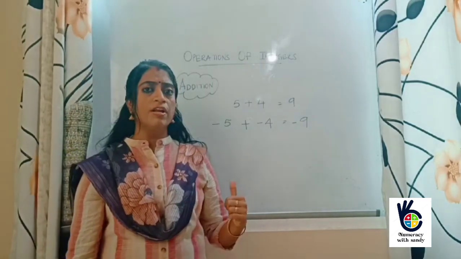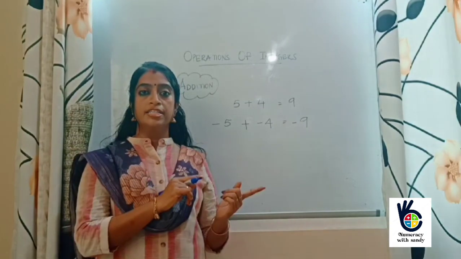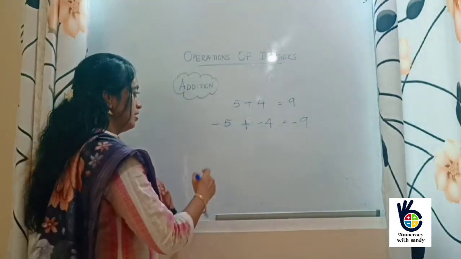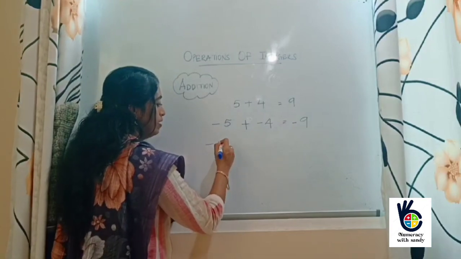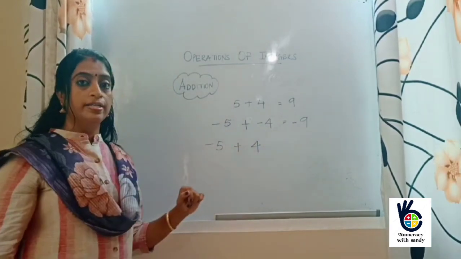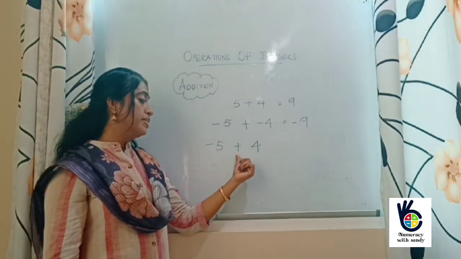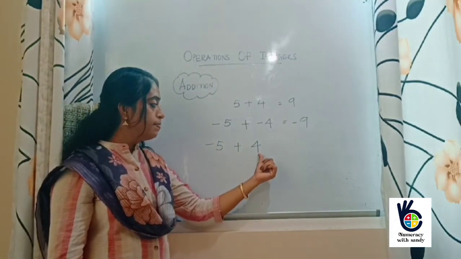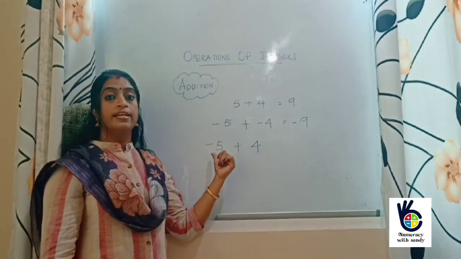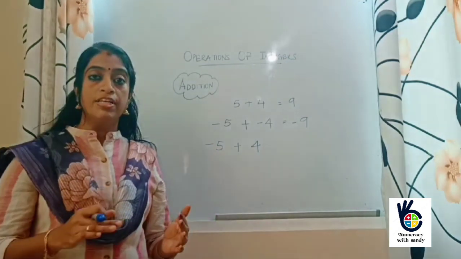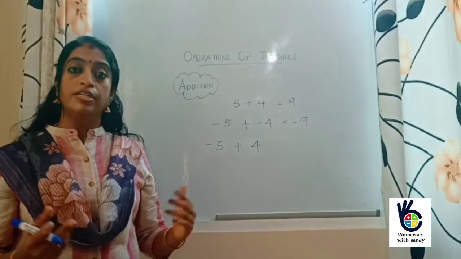Then what will be the result of a negative integer and a positive integer? Let's see. Minus 5 is added to plus 4. Here this plus denotes the operation, this is a positive integer and this is a negative integer. So when we are adding a negative integer and a positive integer, what should we do?